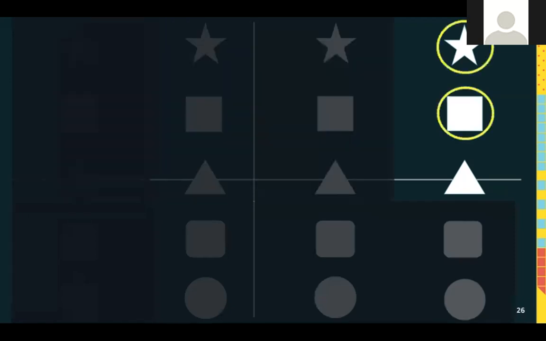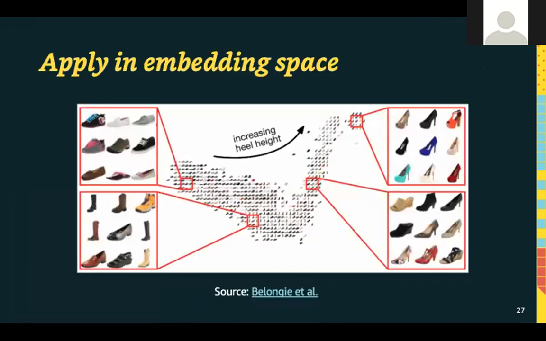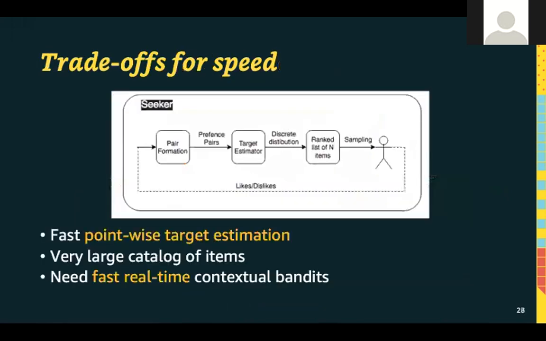And then finally, the system shows you your target, and you pick it, and the experiment is over. Okay? In reality, we show a slate of recommendations, not just 2 items to pick from, and we apply the algorithm in an embedding space, right? So the actual problem at hand is much, much more complex than the toy problem that I showed.